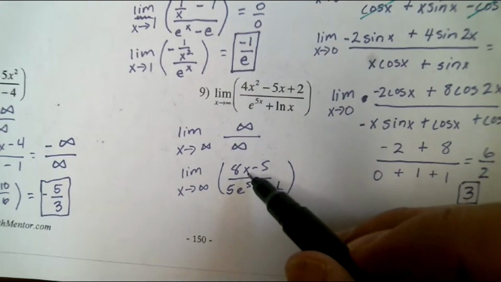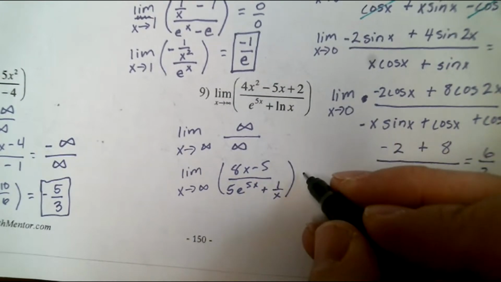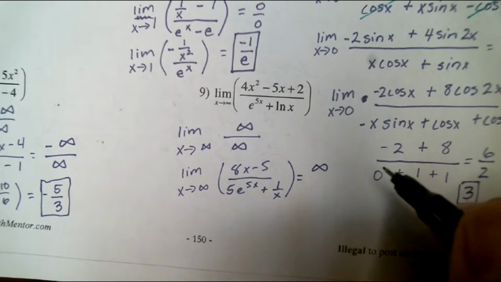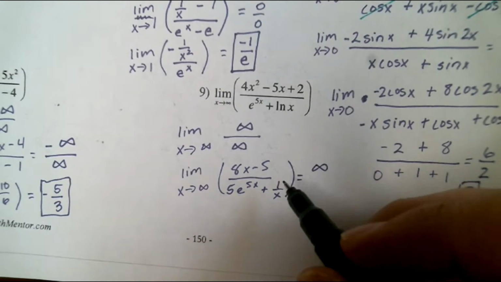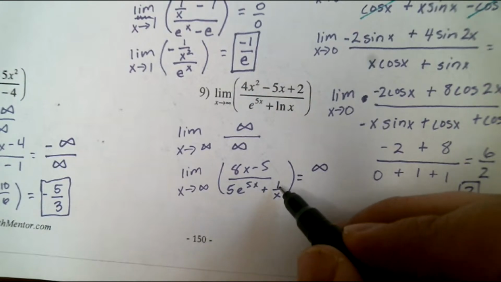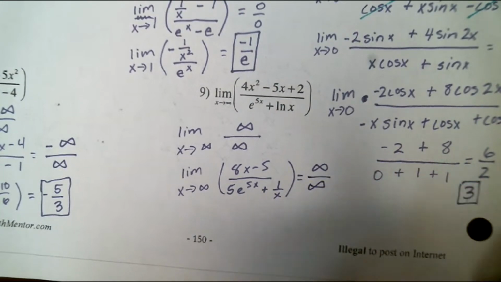If I type in 100 there, that's going to give me 795. If I type in 200, it's going to keep going up and up and up. So that's going to give me infinity there. If I type in 100 there times that 5, even though that's a fraction right here, that's still taking me to infinity.